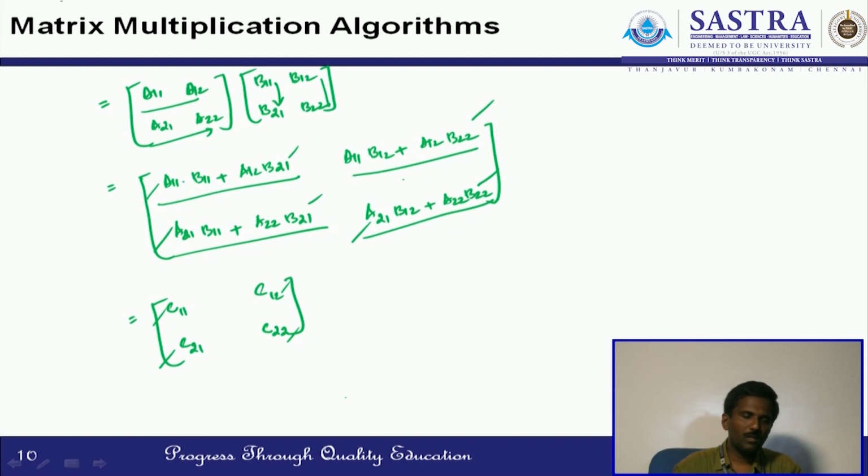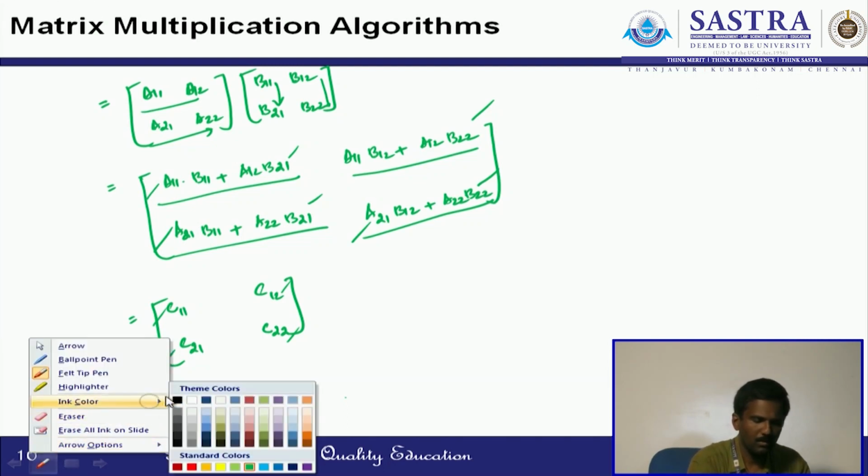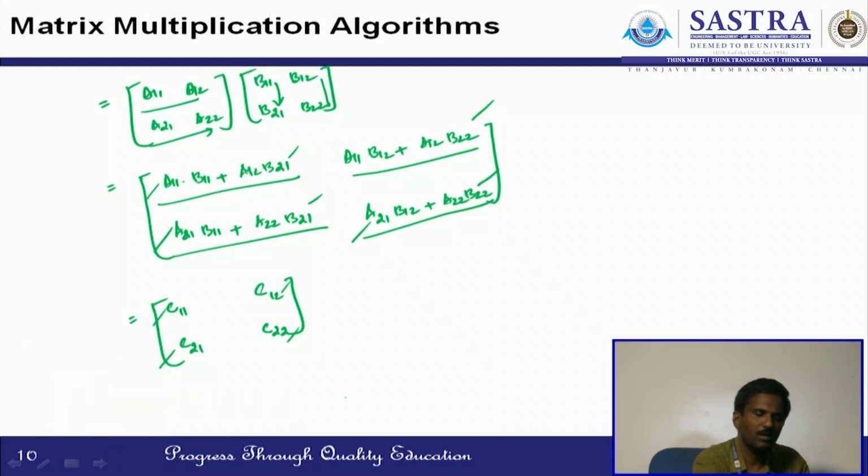Clearly, what is C11? C11 is A11 into B11 plus A12 into B21. Now this A11 is a 2 by 2 matrix. Let's write separately.